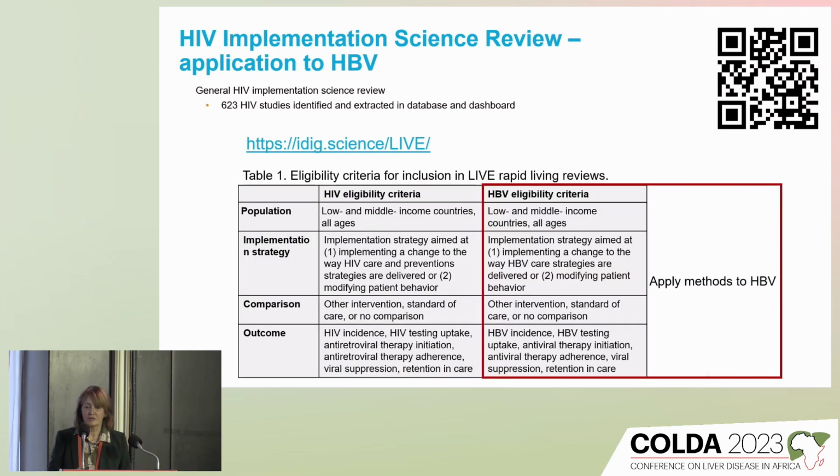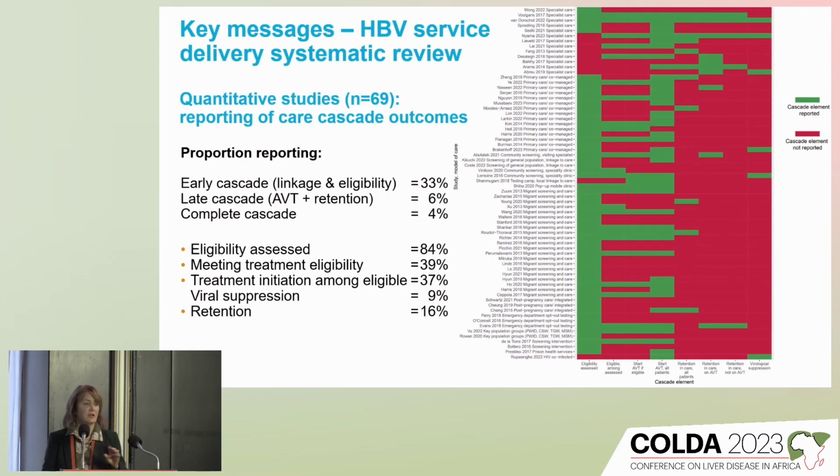And I'm just going to go straight to the last couple of slides. Key messages from the systematic review were the paucity of data capture on the later part of the cascade.